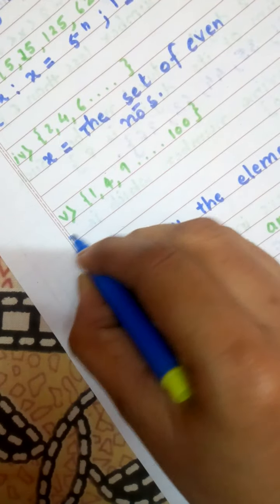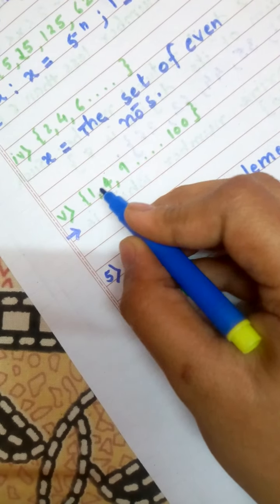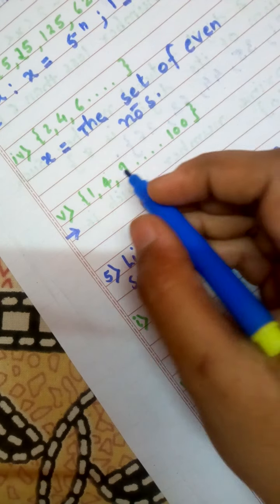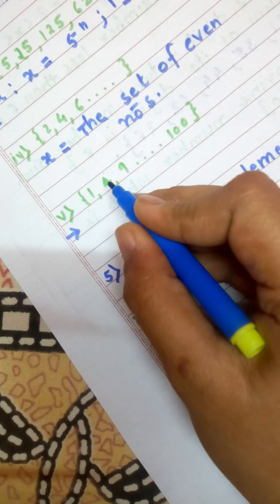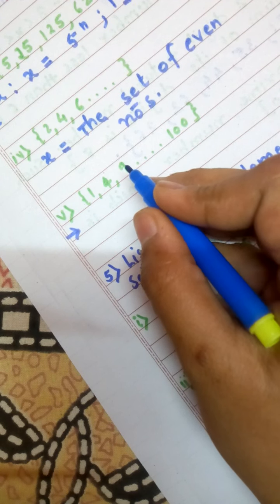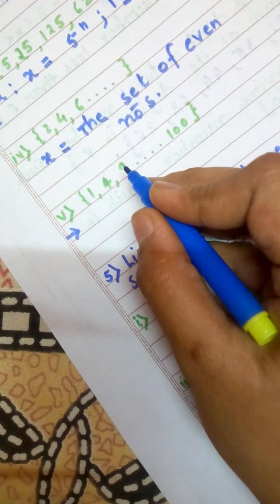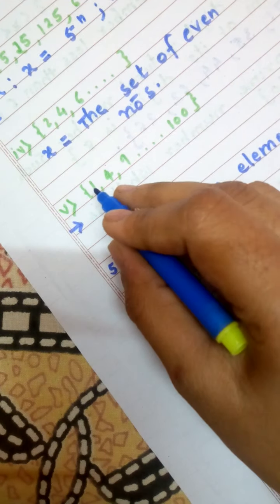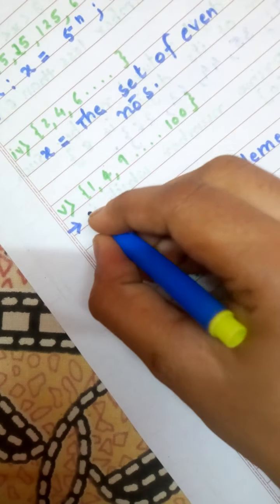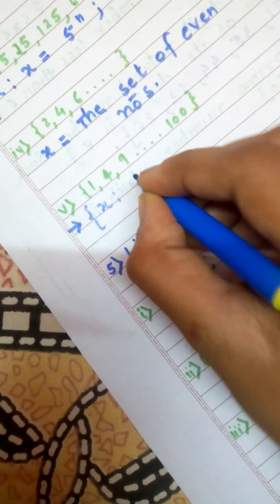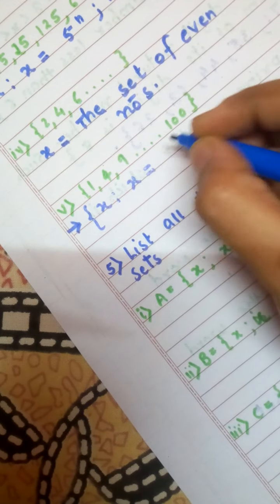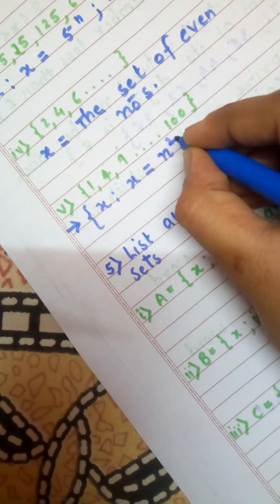Okay, now this fifth one, this is 1, 4, 9, 100. Now here we can see that this is a square of 2, this is a square of 3, okay, and this is the square of 10. So these are all squares. So this will be x such that x is equal to n square.